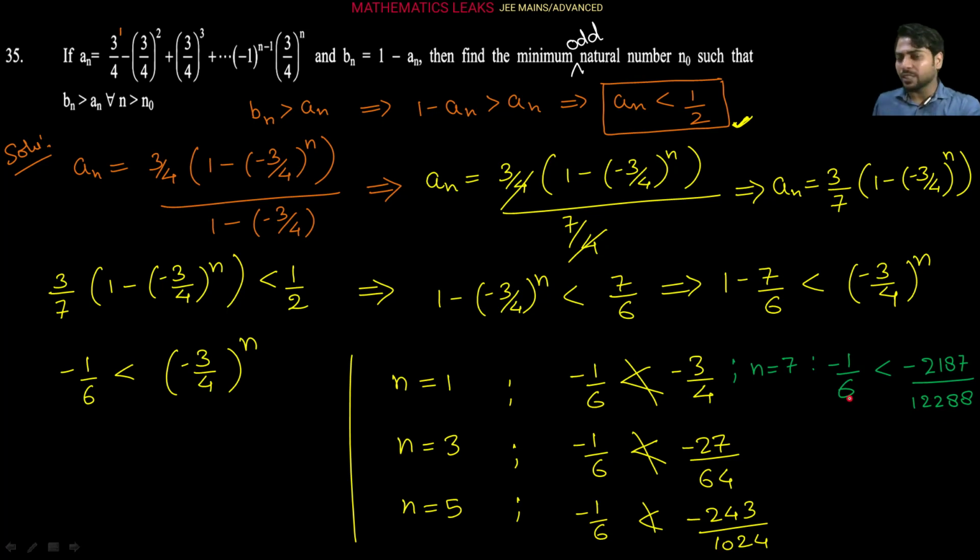So minus 1 by 6 is less than this value. Yes, this is absolutely satisfying here. So the minimum odd natural number, if we are talking about, will be nothing but n is equals to 7. N is equals to 7 must be the answer for the given question.